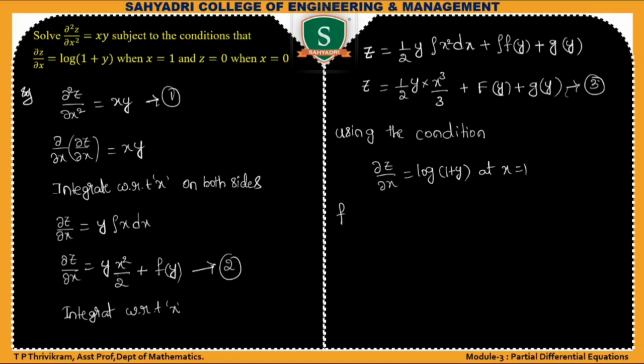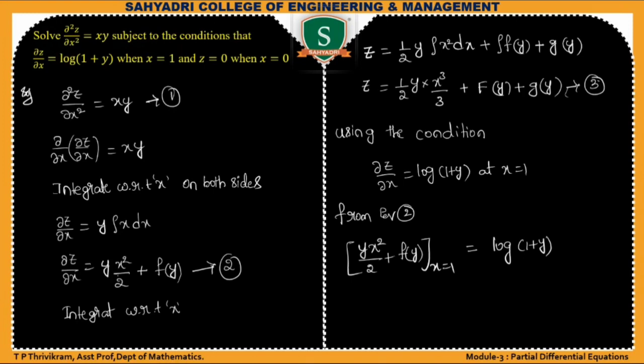Okay, so from equation 2, so dou z by dou x is how much? Y x square divided by 2 plus f of y. Take x equal to 1 in this equation is equal to right hand side, he has given that log of 1 plus y.